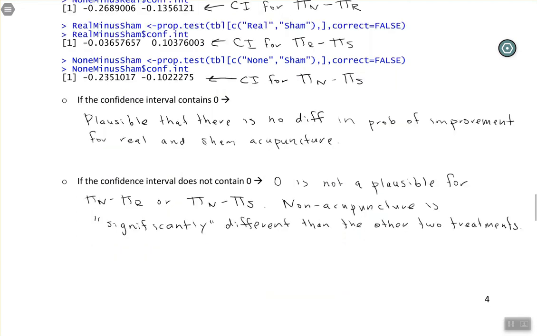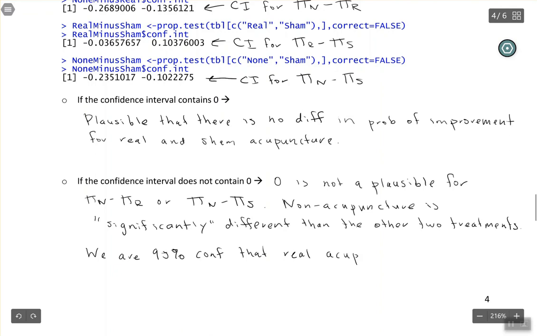Another benefit of confidence intervals is that besides saying that we have strong evidence that the two groups are actually different, we can estimate how large that difference is. Let's do this for comparing real acupuncture to non-acupuncture treatment. We would say we are 95% confident, starting like a regular confidence interval, that real acupuncture increases the probability of improvement.